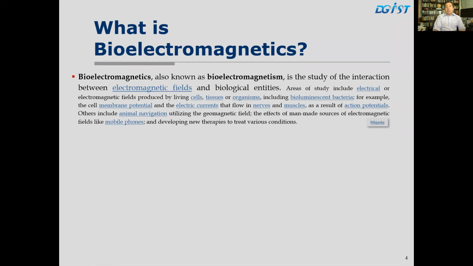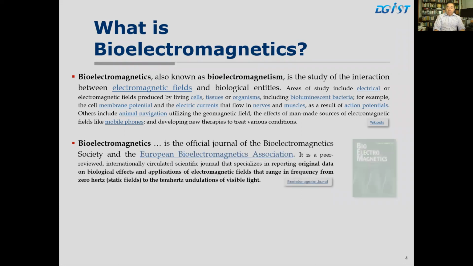Others include animal navigation that uses the geomagnetic field, and of course, the effects of man-made sources of electromagnetism, from mobile phones to X-rays to lasers and so forth. So it is the intersection or interaction between electromagnetic fields and biology.